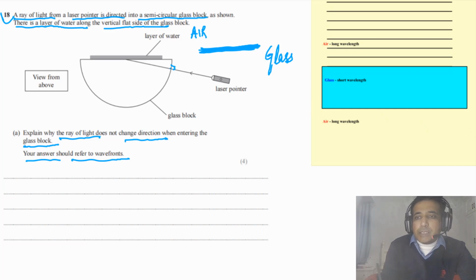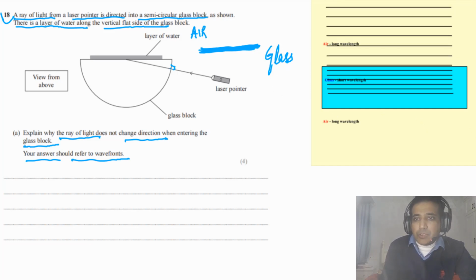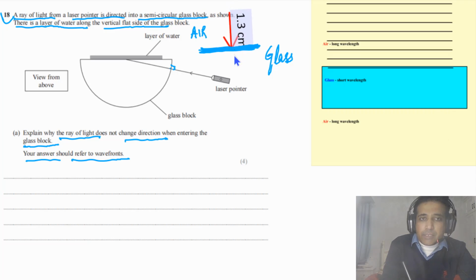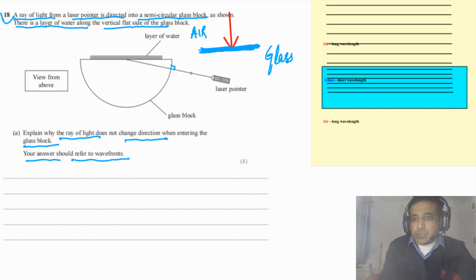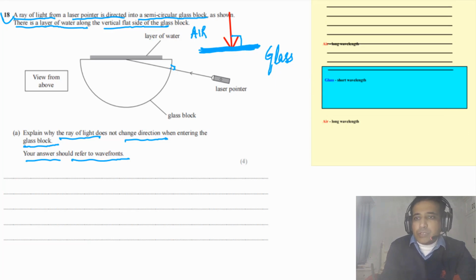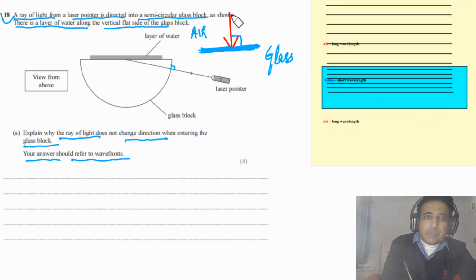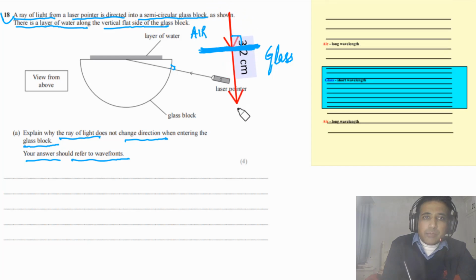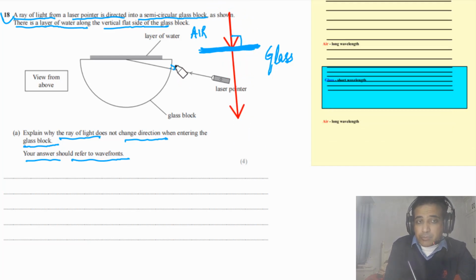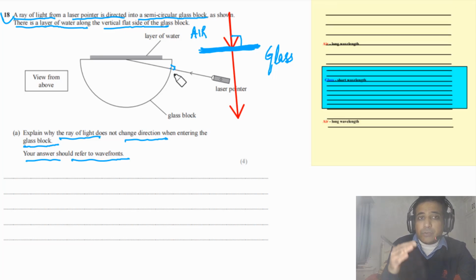To understand in a simple language, imagine that this light is coming, and the angle between the surface and the light is 90 degrees. So this light will just go in a straight line. That's the reason, as the angle is 90 degrees between surface and the light, it just goes in a straight line.